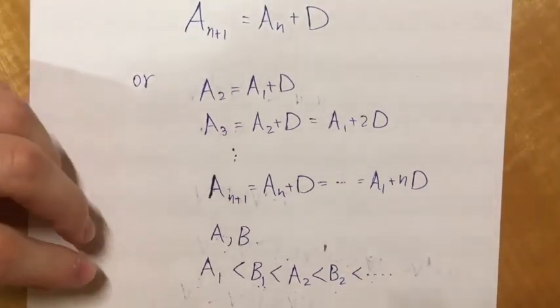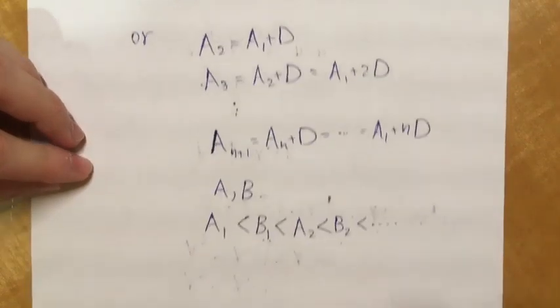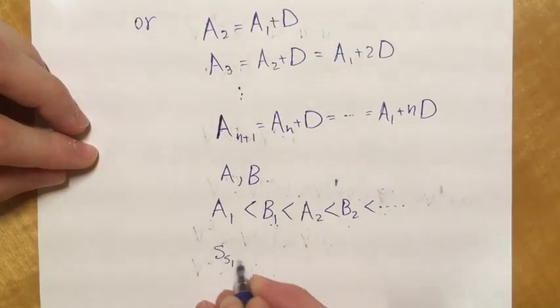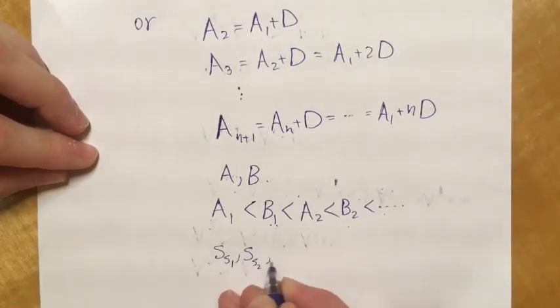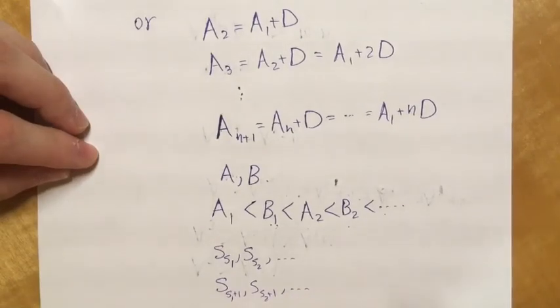Now this is important because in the question we have the arithmetic progression s_{s1}, s_{s2} all the way up, and then we have another arithmetic progression s_{s1}+1, s_{s2}+1, and so forth.